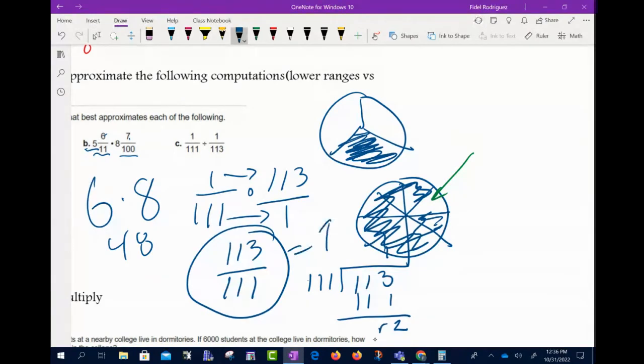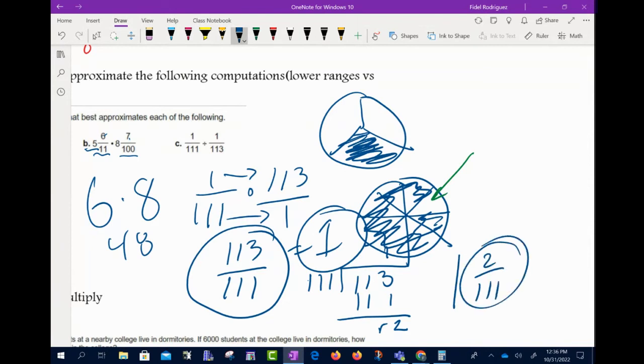So this number here, y'all, is really close to the number 1, right? Because it's 1 and 2 out of 111. As a mixed number, it's 1 and 2 out of 111, and that is nowhere near half. If you were to multiply that 2 by 2, that's nowhere near 111, so I could just drop off that little piece, right?